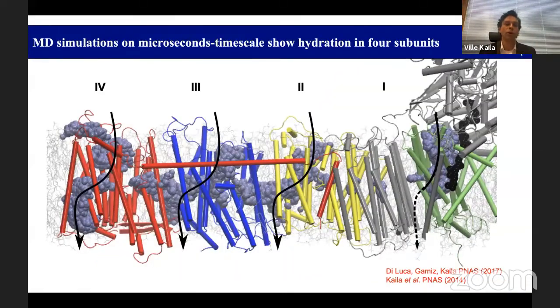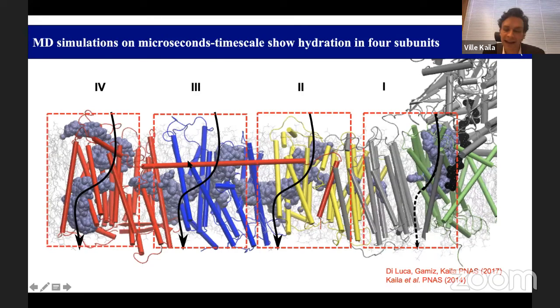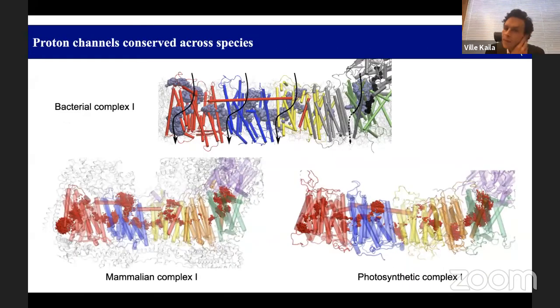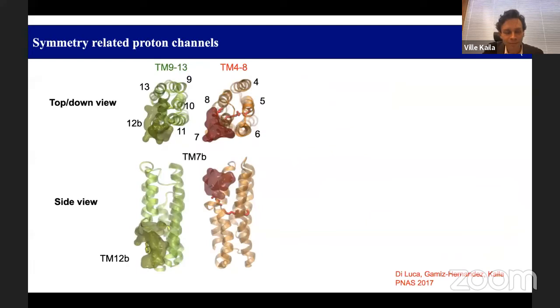And just if I would show you here a time average picture of them, you can see that they start forming at various sites, basically 4 specific regions in the protein. And this seems to be similar for bacterial systems, for when we do simulation on the much larger mammalian complex 1, but also a photosynthetic variant of the complex 1.